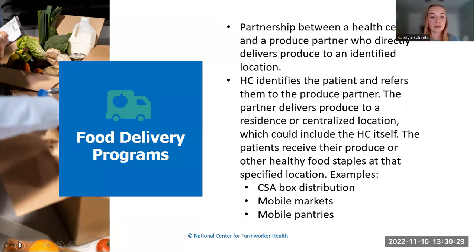We've also seen it with mobile markets or mobile pantries where the market or the pantry will pull up right outside of the health center, and the patients can have a kind of one-stop shop in terms of they go inside for their follow-up appointment, and then they can go right outside to the parking lot and pick up their box or their distribution. And so you can think of this one as the produce coming to the patient versus the last one we saw, the patient coming to the produce.